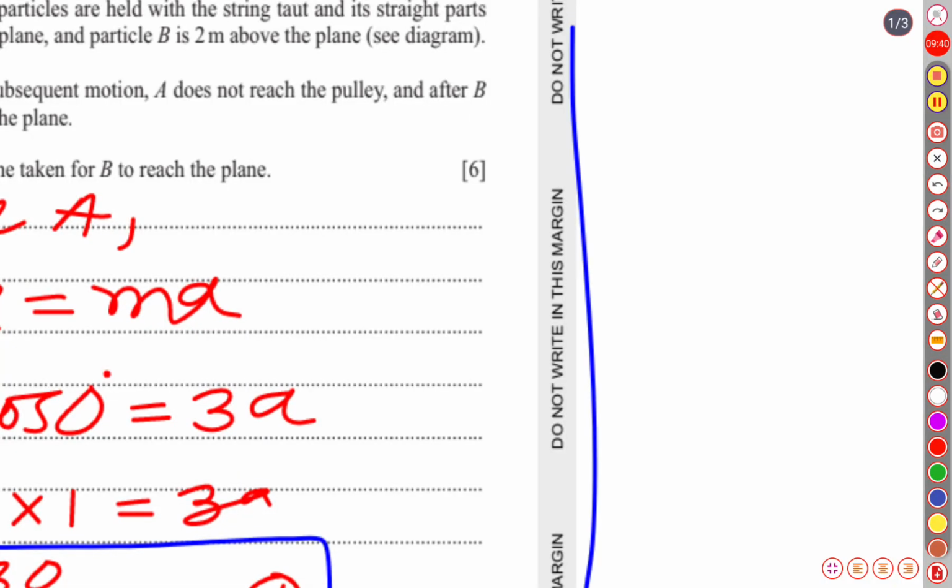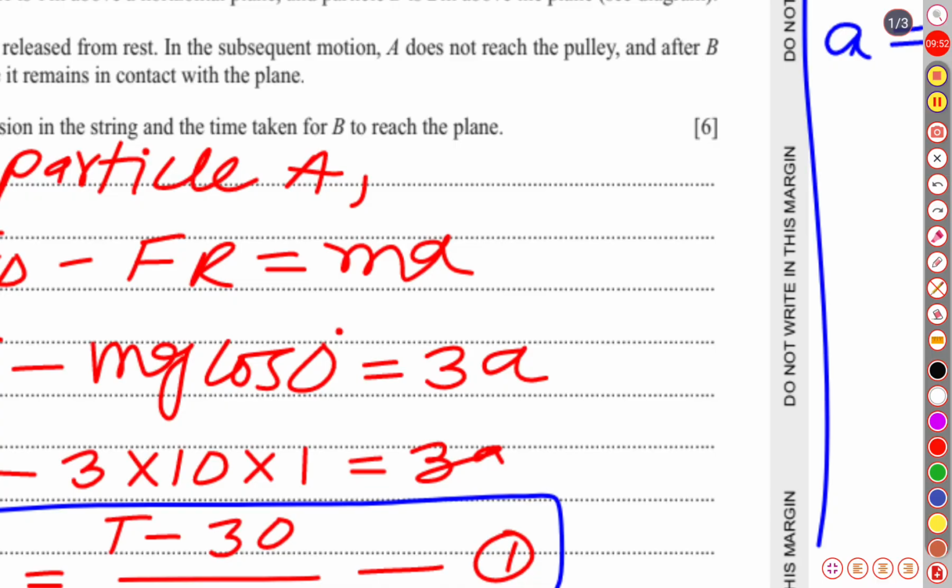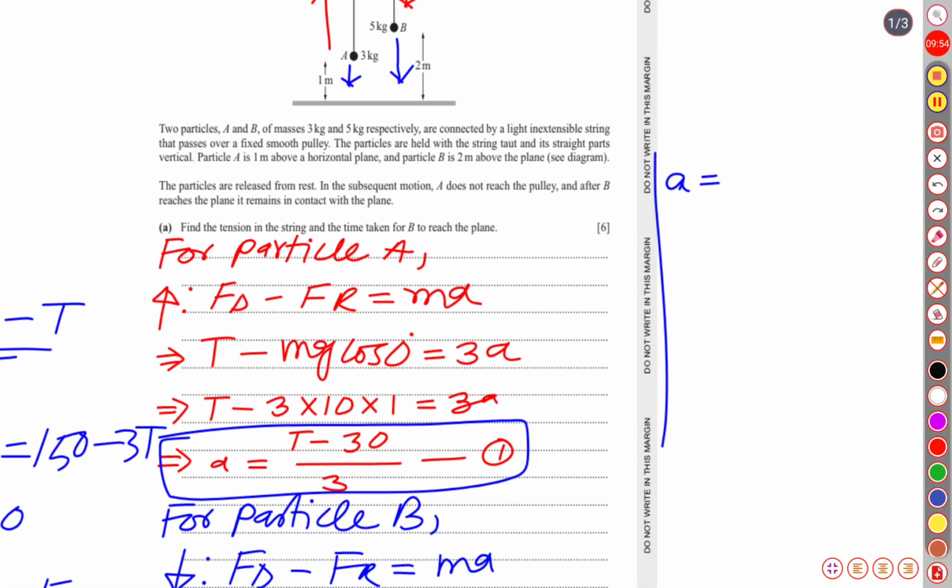This is the second part of the same solution. The acceleration a can be found from any of the equations. Look at this, in the first equation acceleration is (T minus 30) over 3.